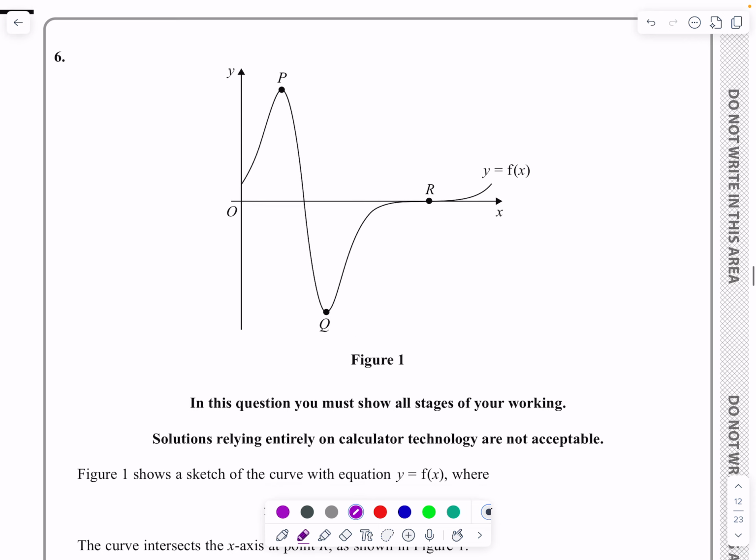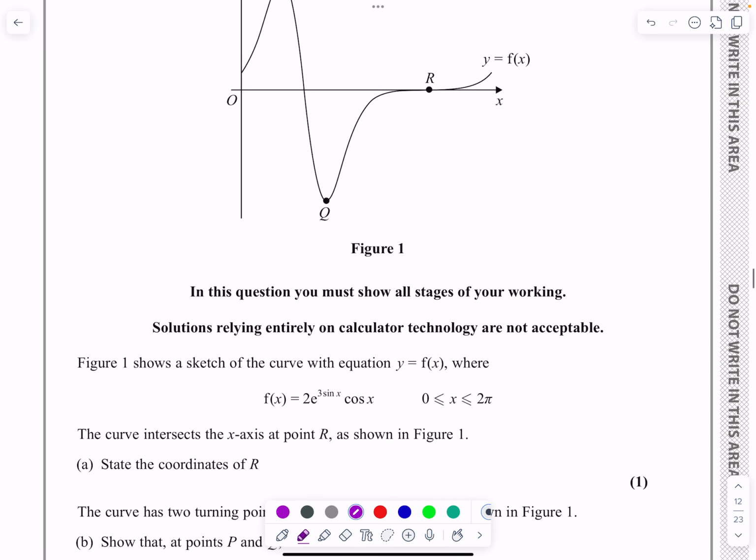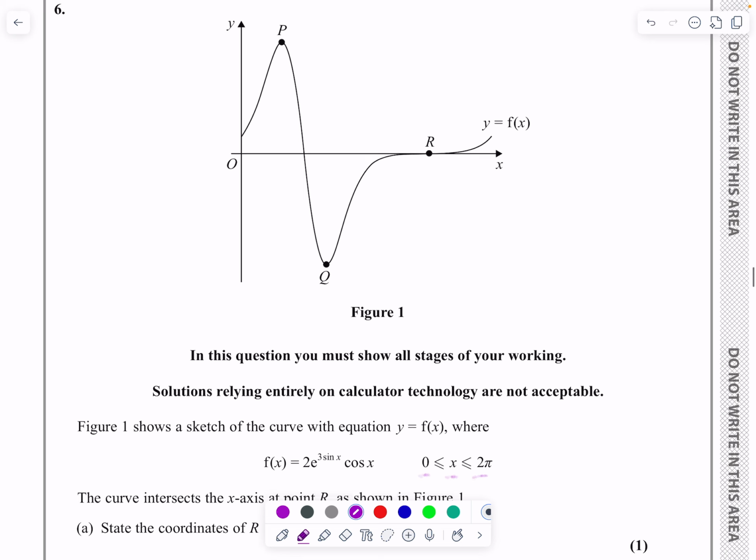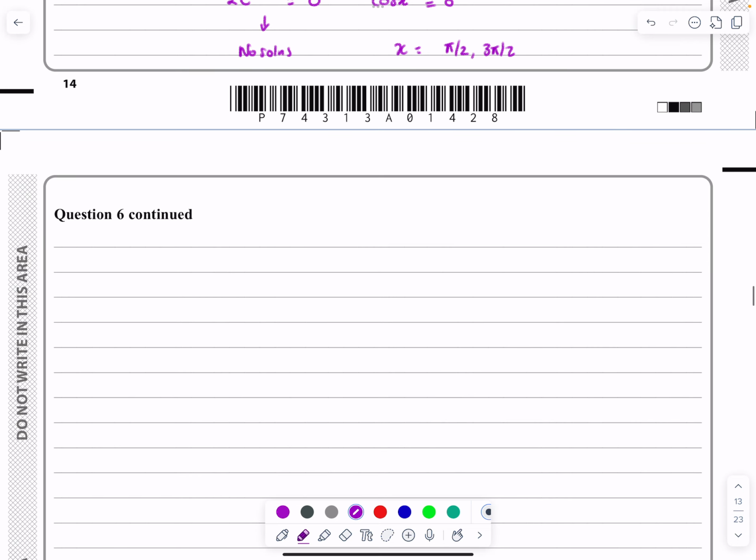And then if we look from our graph here, we can see that this is in the range 0 to 2 pi. And we can see that it's going to be the bigger of those two values. So x is going to be equal to 3 pi over 2, and again, we can say that from the graph.